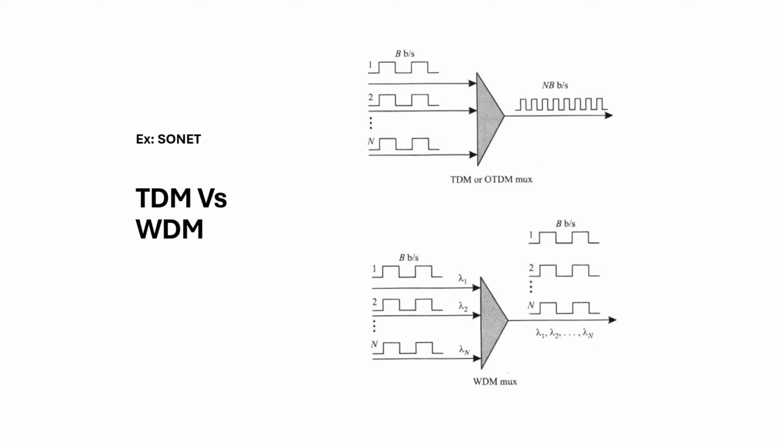For TDM, a particular time slot is given to one channel, and because of that the bandwidth is N into B. But in WDM, at the same time we transmit all channels. So the bandwidth for every channel is B bits per second, and the bandwidth is not divided.